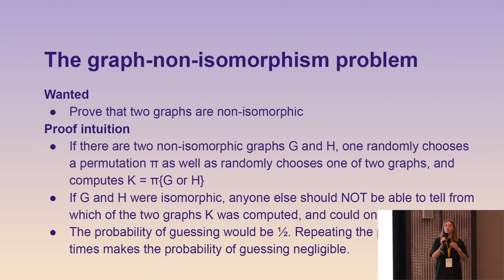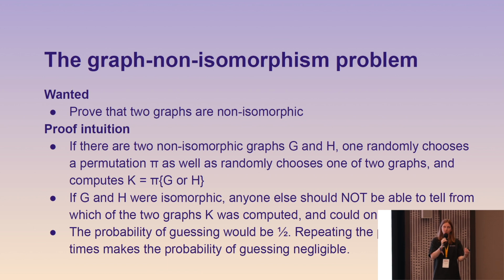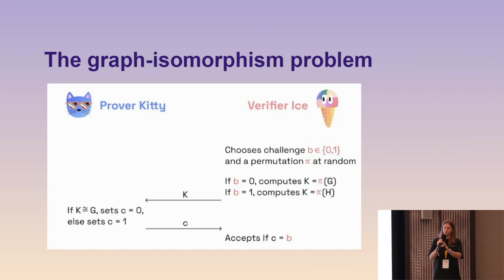If these graphs were isomorphic, and some external party has graph K, which is a permutation of either G or H, they can only guess which graph it was. The best they can do is guess, and the probability of guessing is 1/2. If we repeat this task a number of times, the probability of guessing will be negligible. So it looks something like that.